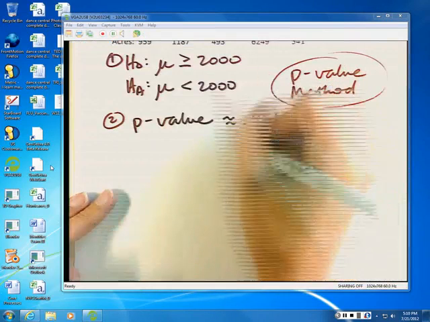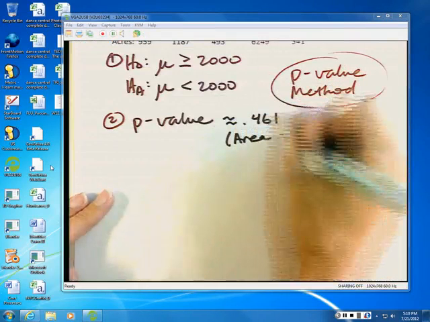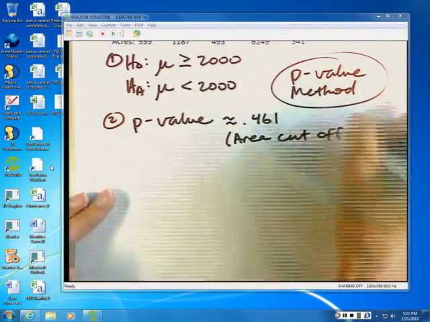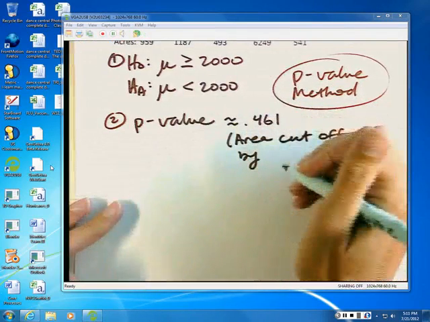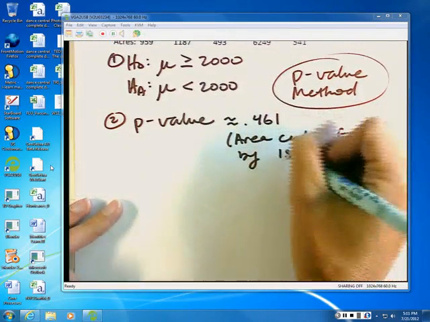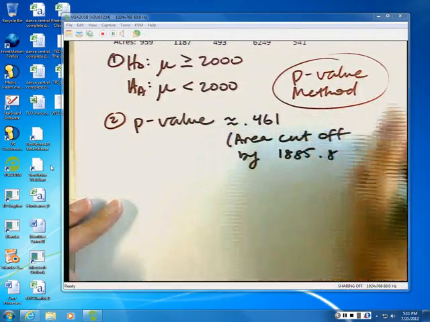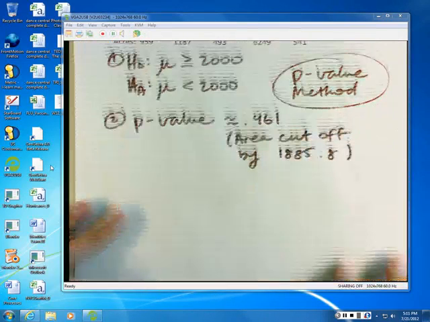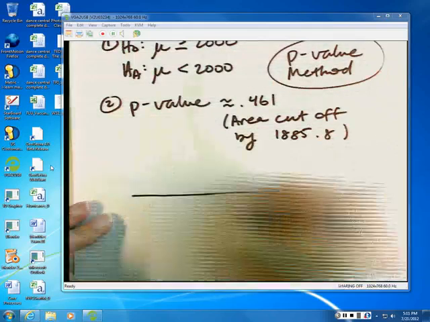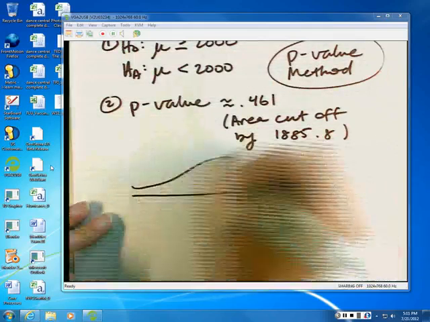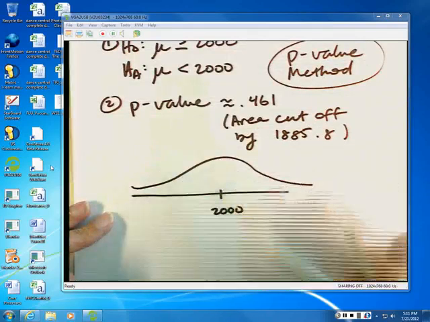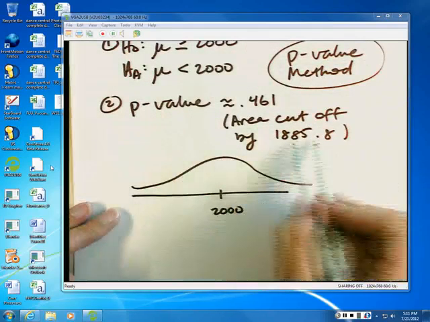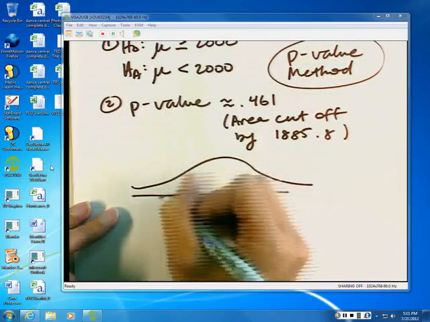And remember, this is the area cut off by my average, and our average was 1885.8. I'm reading that right off of my calculator. Okay, so what does that mean? 2,000 is here from my hypothesis. 1885.8 is less than, so it's over here.